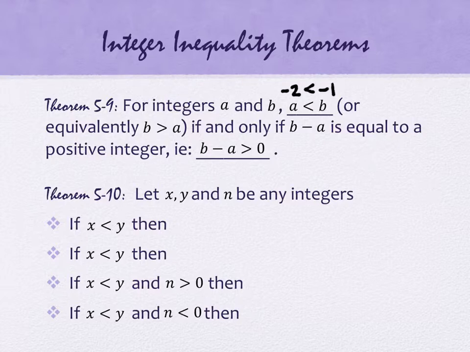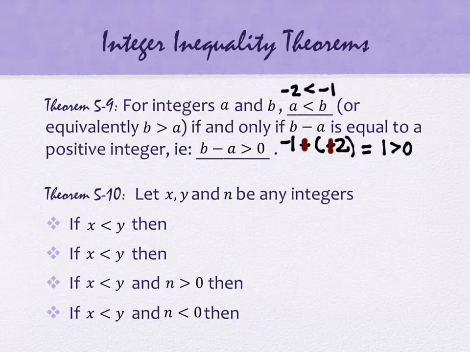So if negative 2 is less than negative 1, it means that I should be able to take that negative 1, which is my b, and subtract negative 2 and equal something that's positive. But what happens when I subtract my negative 2? It's a positive. That's right, Brianna. So we'll get positives there. And so what is negative 1 and positive 2? It's 1. And sure enough, that is in fact bigger than 0. Okay?